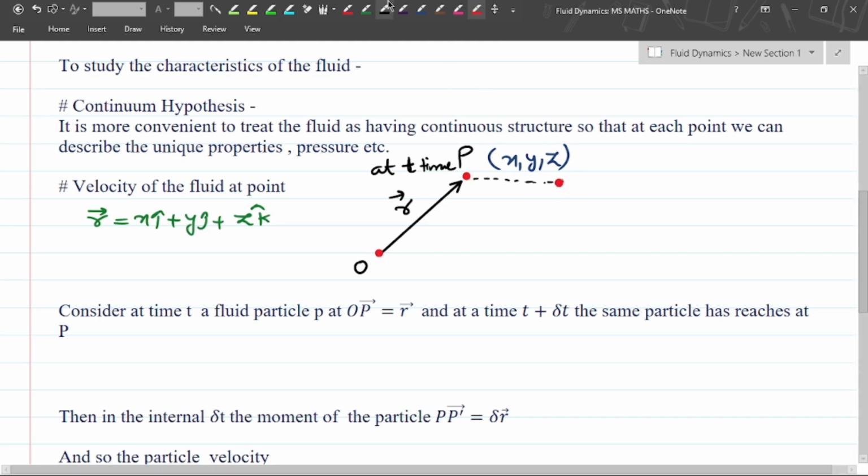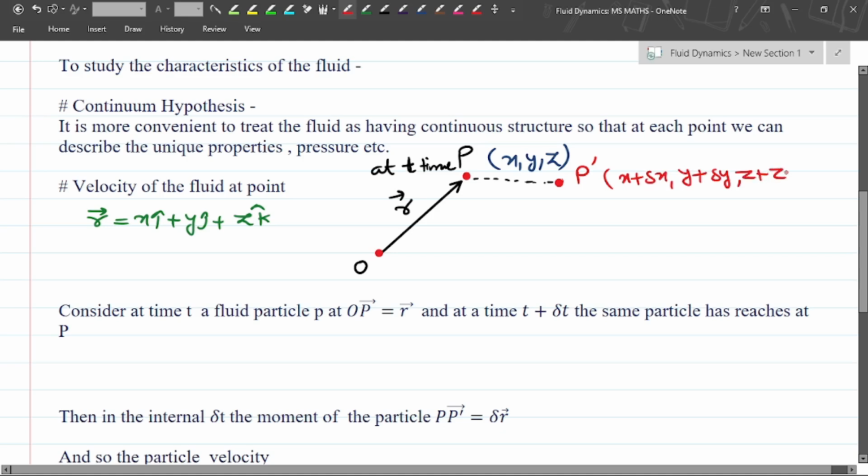I can say this point will be P dash and the coordinates are x dash, y dash, z dash, or else we will denote them by x plus del x, y plus del y, z plus del z.